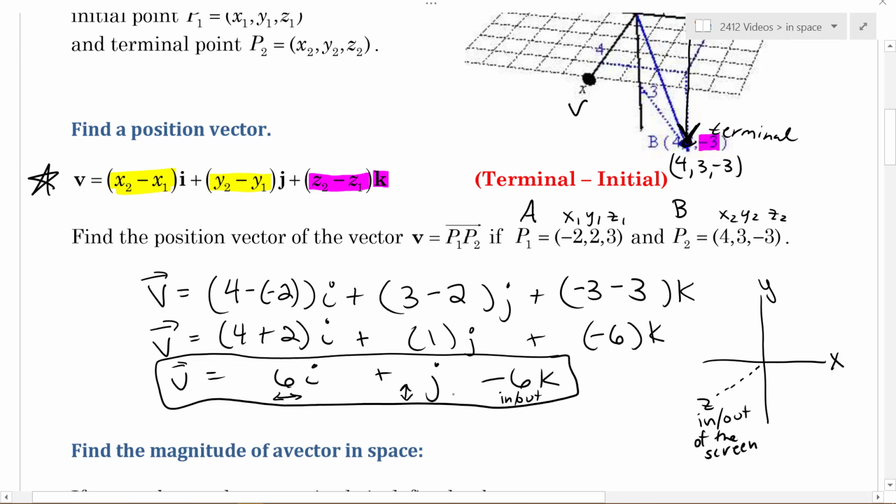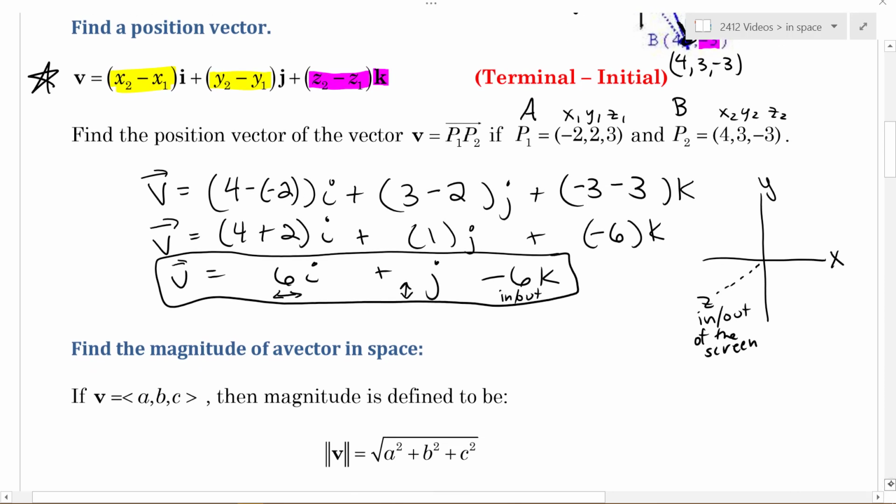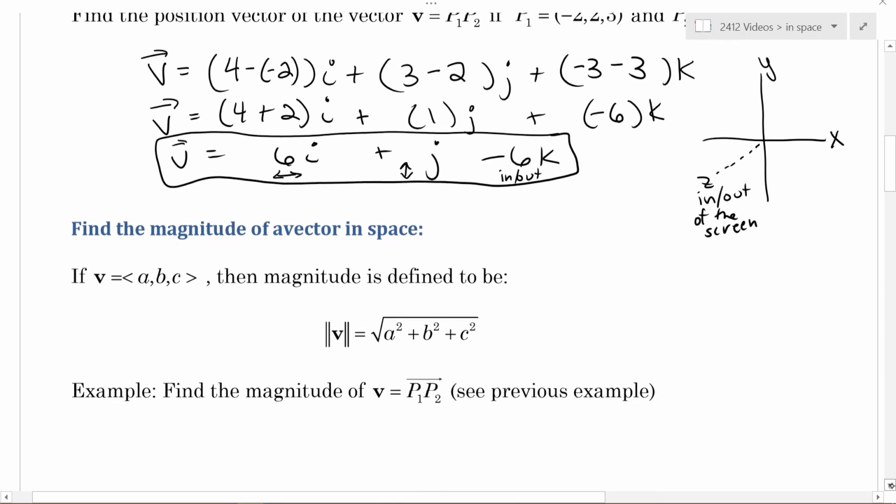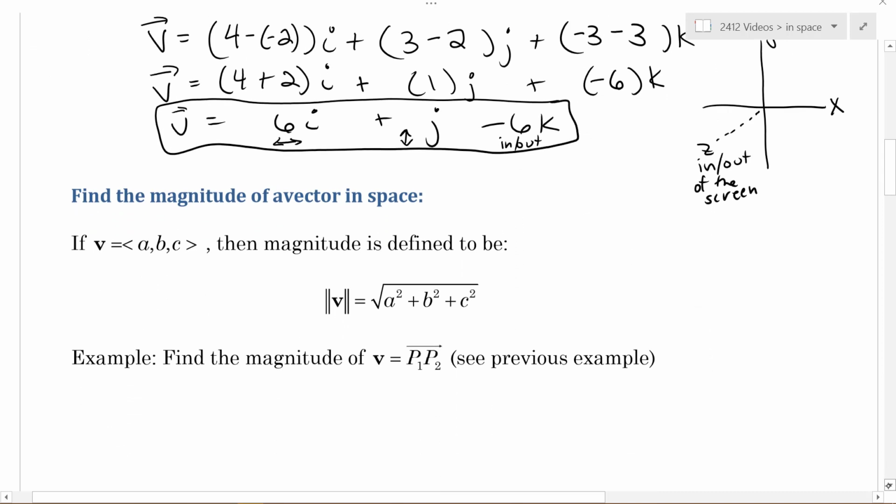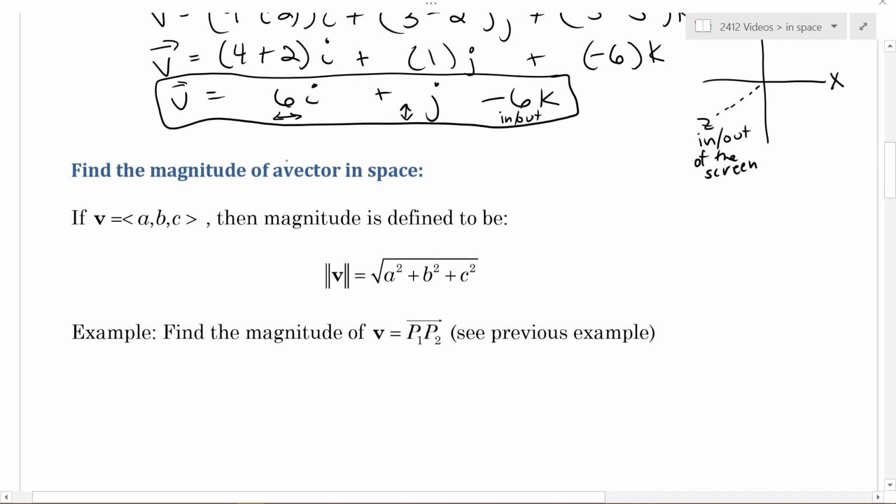But once again, I'm not going to ask you to sketch these. Just going to ask you to work with them using those formulas. Okay, so we're going to start to see a lot of familiar formulas, like the formula for magnitude. Okay, if we knew the component form of a vector, now we have a, b, and now I have a third letter c to get that third component. The magnitude of that vector is going to be the square root of a squared plus b squared plus c squared.